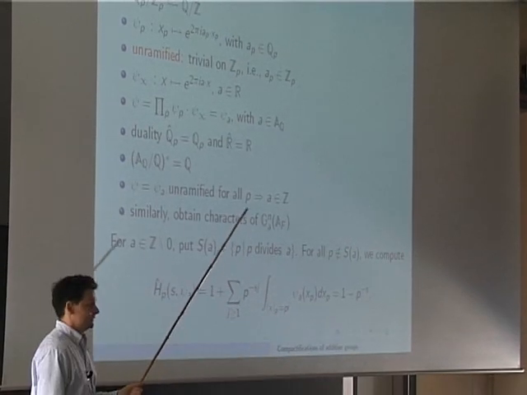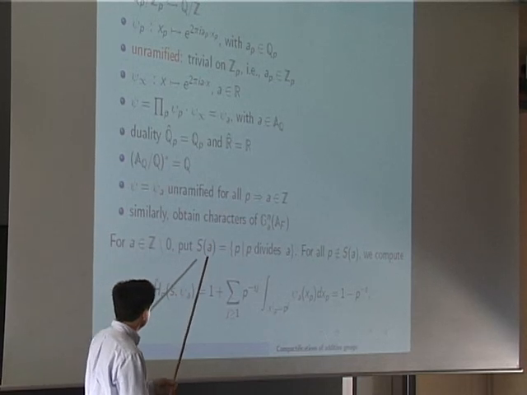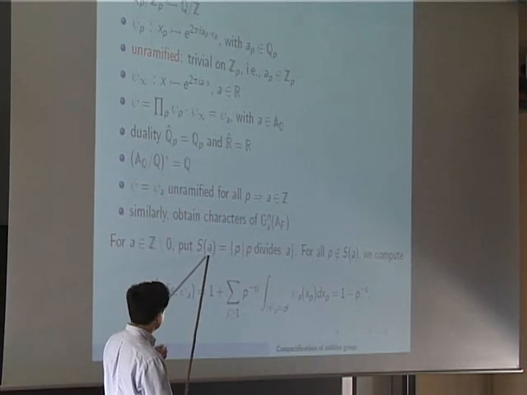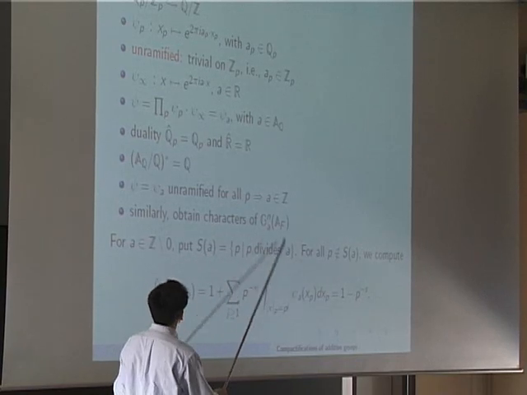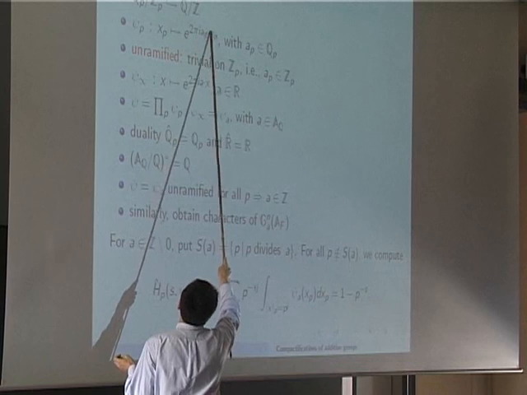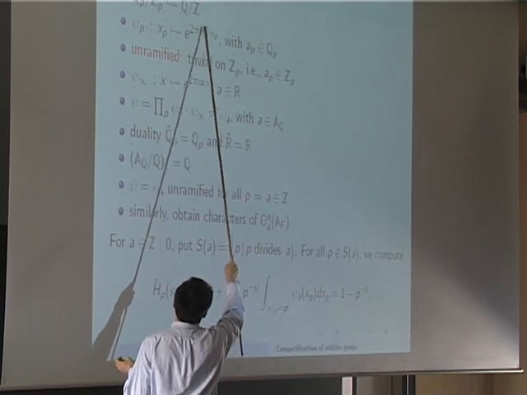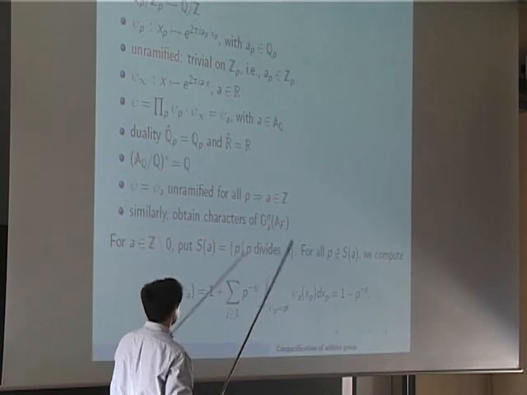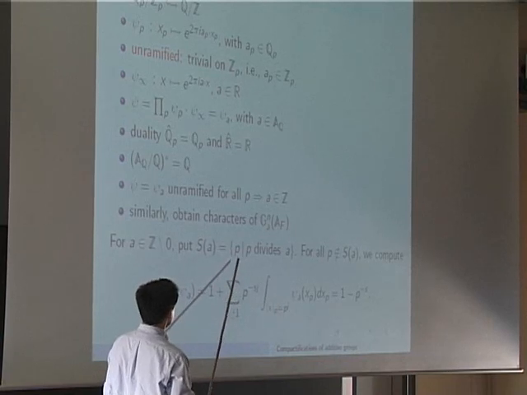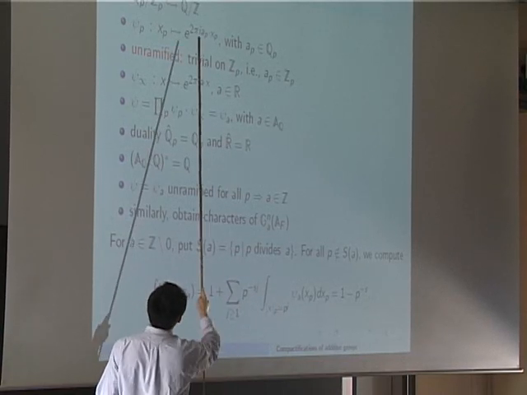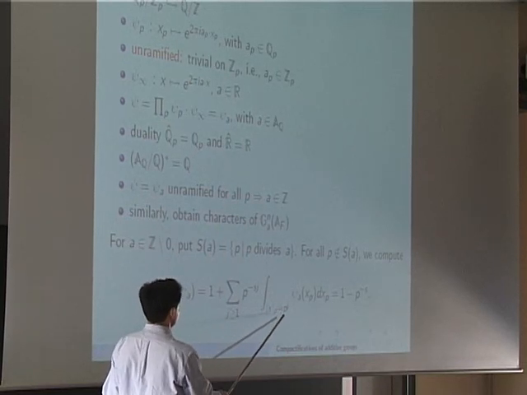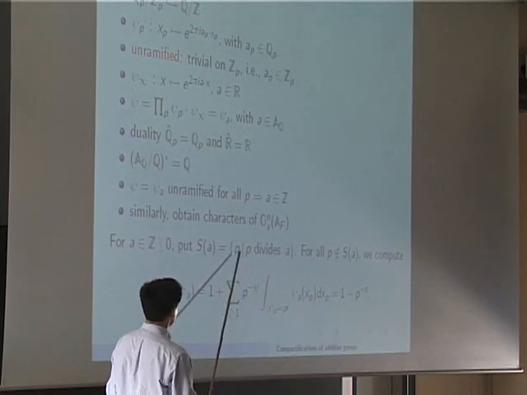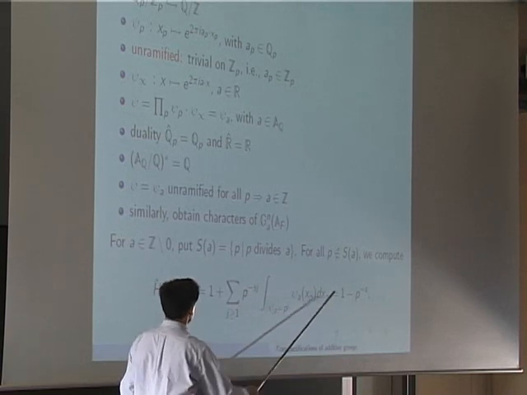And we realize that, well, a is an integer, so we look at the unramified situation. Then we have some primes which are sort of bad. When p divides a, then you begin to see some difficulties in these exponential sums. But when p doesn't divide a, when p has nothing to do with a, then there is sort of a clean formula, and for all those p, this is what we get.